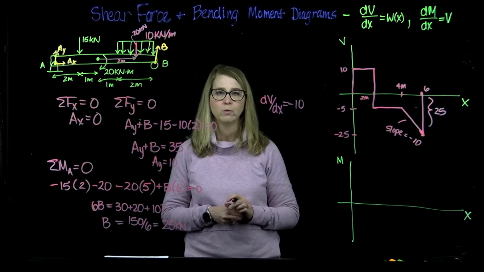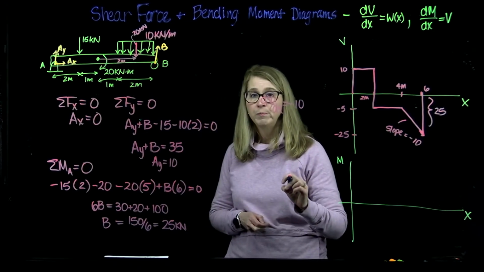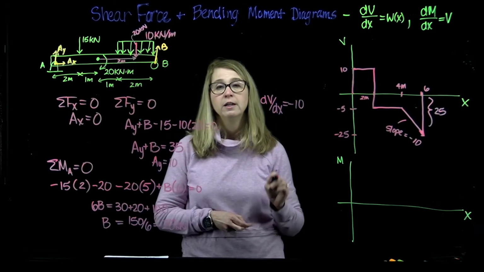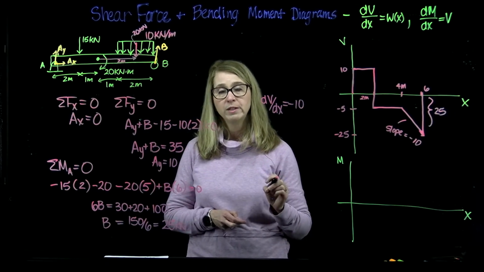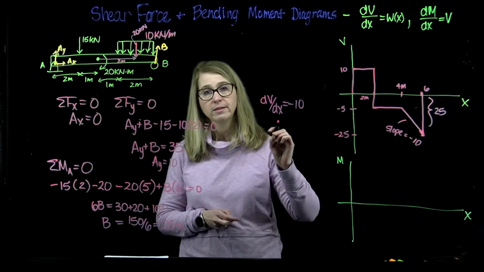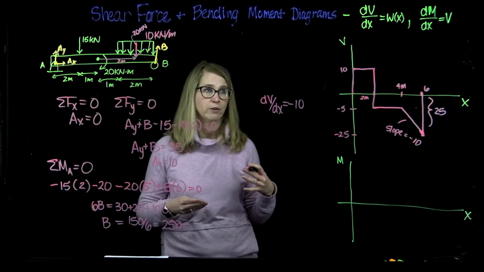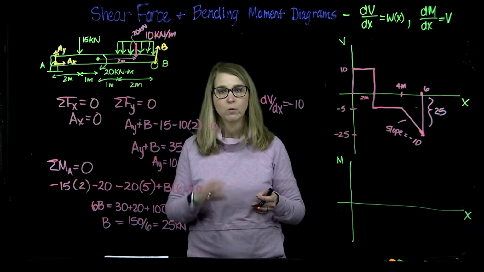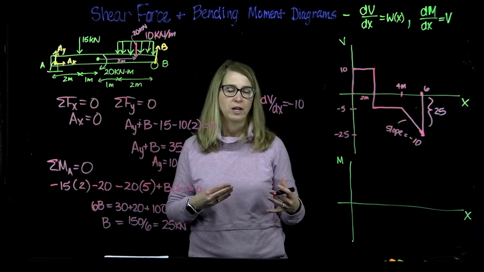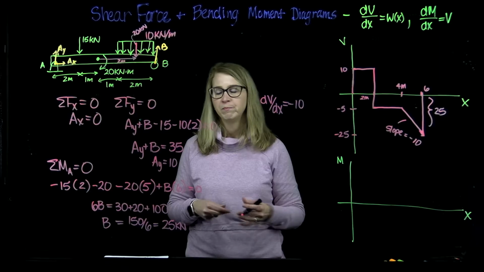The other rule that I want you to keep in mind that we learned is if there is a couple at a location, that will cause a discontinuity in the bending moment diagram, but the discontinuity in this case will have the opposite sense of the couple. So when we had an applied force, the discontinuity in the shear force diagram was in the direction of the force. For the bending moment diagram, the discontinuity is in the opposite direction of the moment.